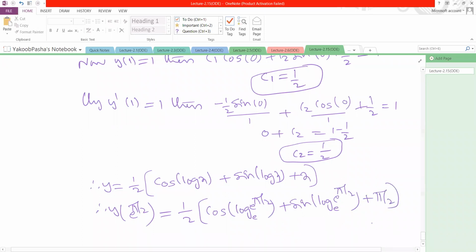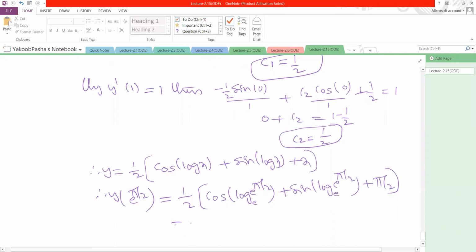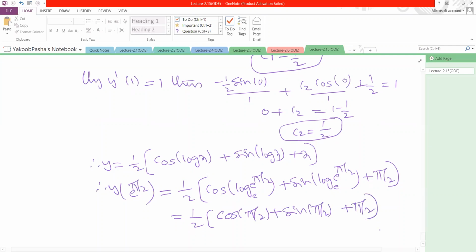Log of e to the power of pi by 2 to the base e is nothing but pi by 2, so cos pi by 2 and sin pi by 2. Sir, e power pi by 2, sir.